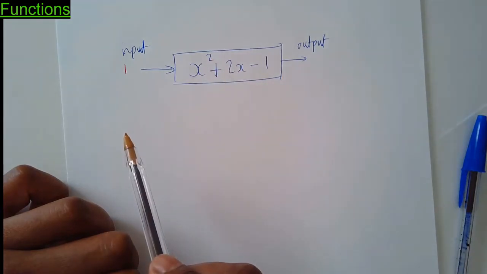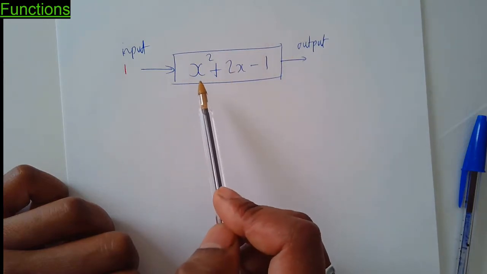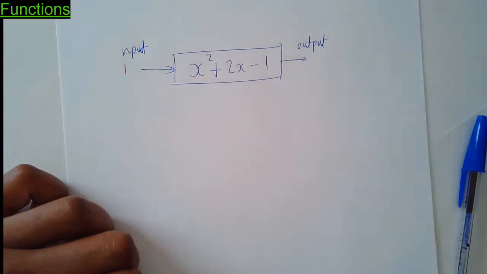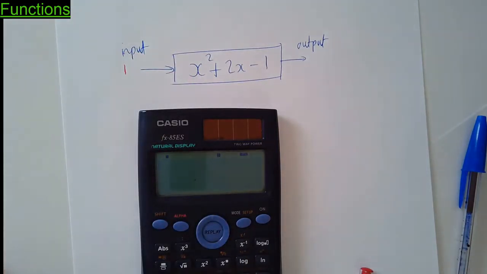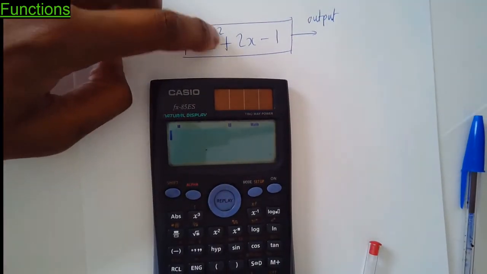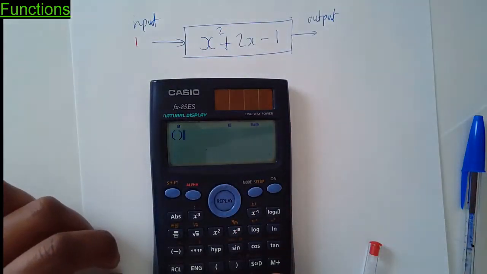You can put this in a calculator. Replace x with 1, so that's 1 squared. What I'll do, where this x is, I'll just put brackets. They're like placeholders.